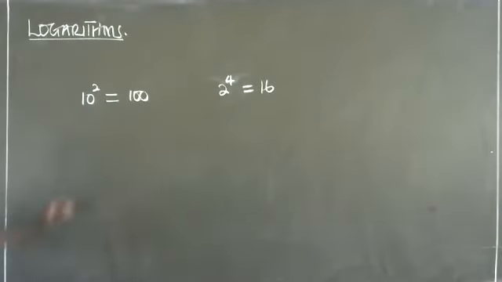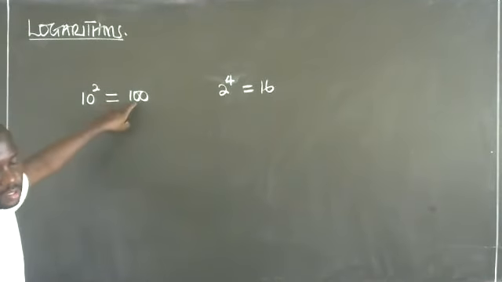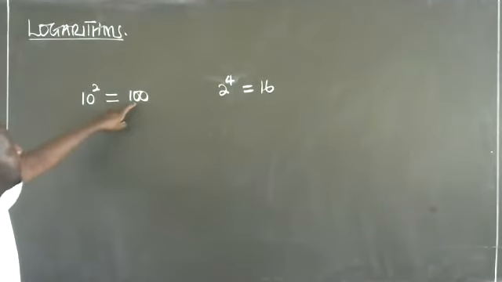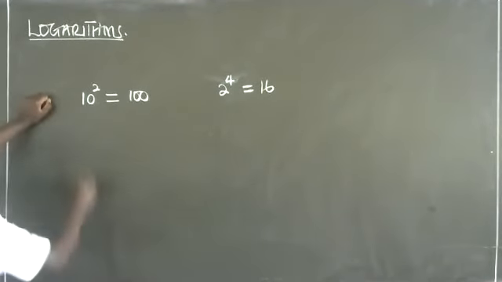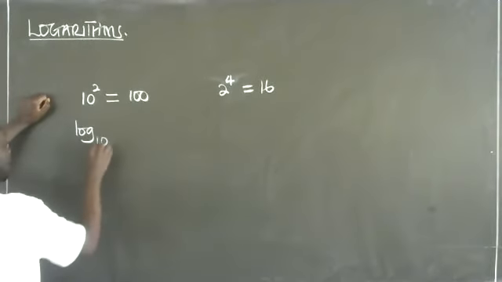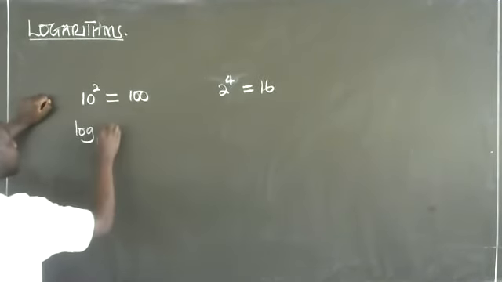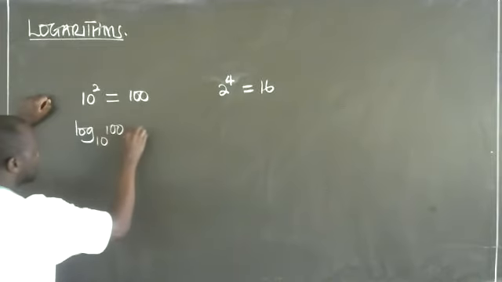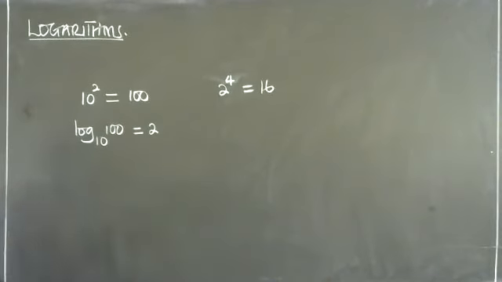Now, this means if I raise 10 to the index 2, or when I raise 10 to the power 2, I get 100. That means the logarithm to the base 10 of 100 is 2.